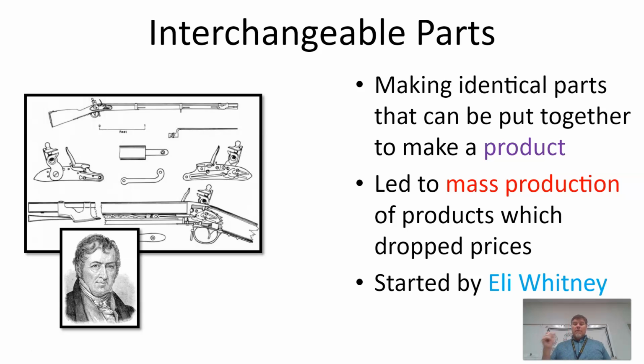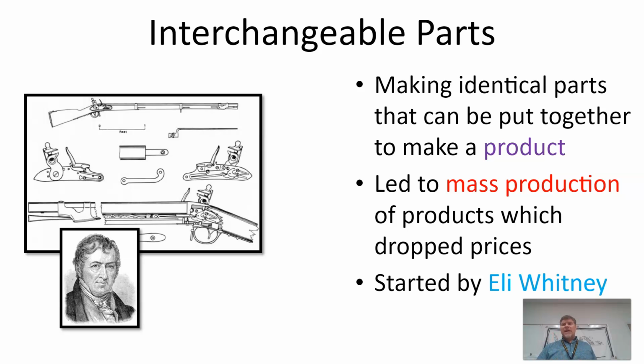So one part on each gun will fit on each other, and they're interchangeable. In other words, you can take the hammer off of this gun and put it on this other gun, and it will work in both cases. Eli Whitney actually wasn't able to do that as well as he thought he could, but he is able to convince Congress to give him a contract where he can produce weapons for the United States.